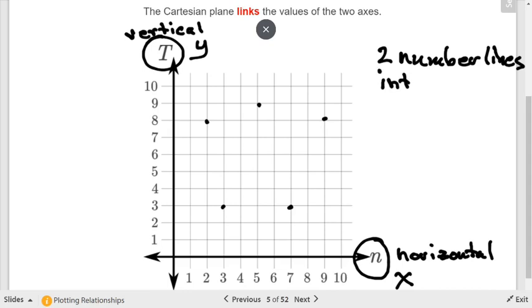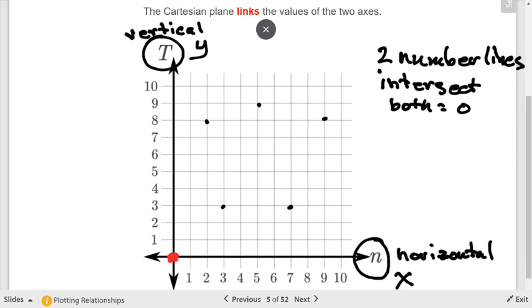Let's talk about their intersection first. They intersect where they both equal 0. So if you see this point where they're crossing right here, notice that that's where on the number line, you would end up with a 0 at both of those places. Okay?